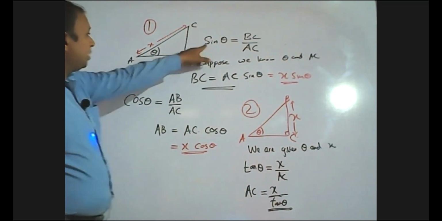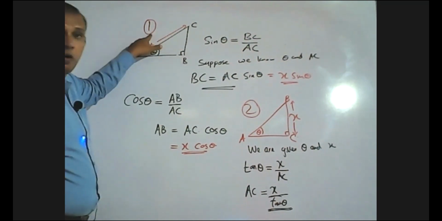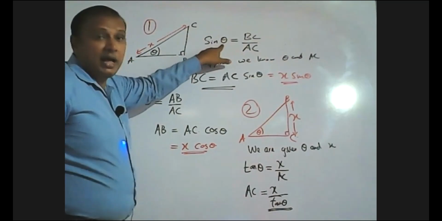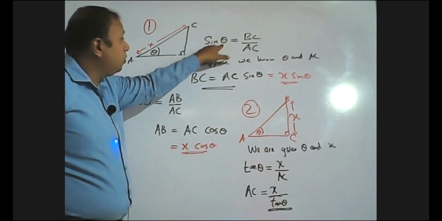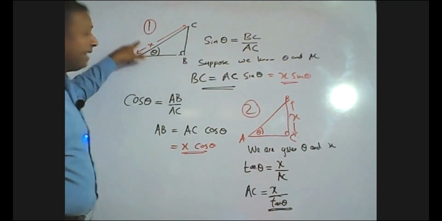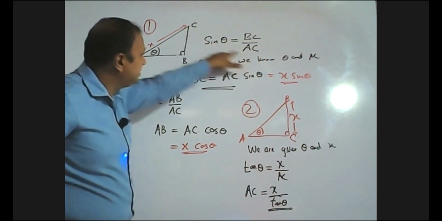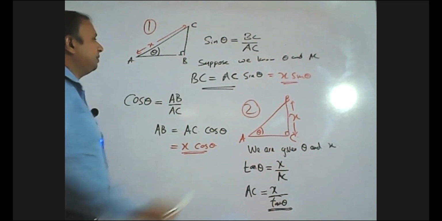I know sin theta is equal to opposite side over hypotenuse. I know the value of theta, so I can get the sin theta value. I know the value of AC, AC is equal to X, so I can cross multiply to make BC the subject.